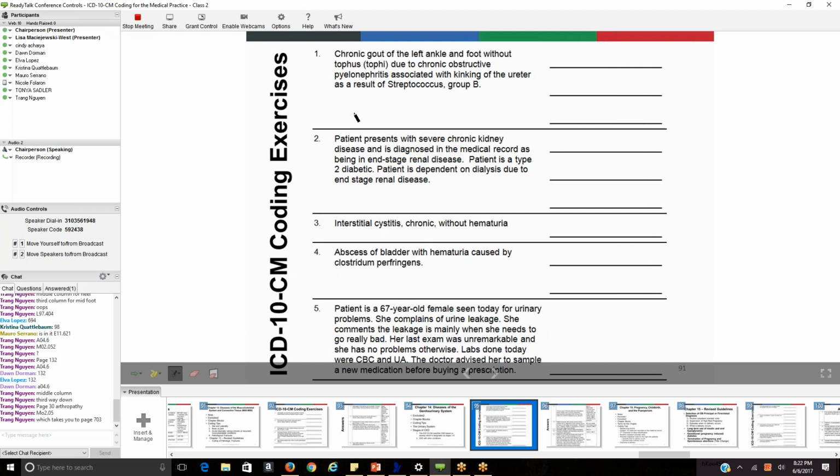Elva, Maro, Nicole, go ahead and look up the kinking of the ureter and the Streptococcus group B. Whichever one of you in that team, and then we're going to do the same thing with some of the others that are on the call. Go ahead and look them up. Type in the chat the page that it references in the alphabetical index and the code, and then we'll go and look them up together in the tabular.